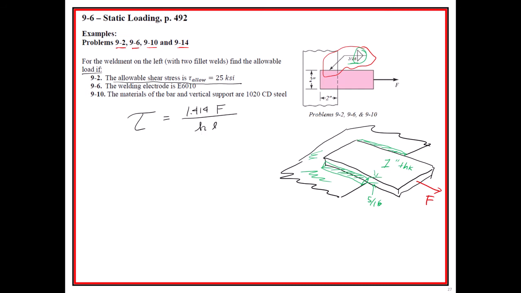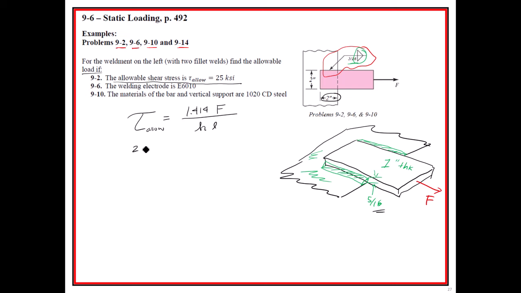And so H is going to be the 5/16. The L is going to be the total length of this, right? And since it's 2 inches on each side and it's welded in 2 spots, the total length is going to be 4. And they gave us the allowable right here, so we can go ahead and turn our stress into a limit, and then we could find that.